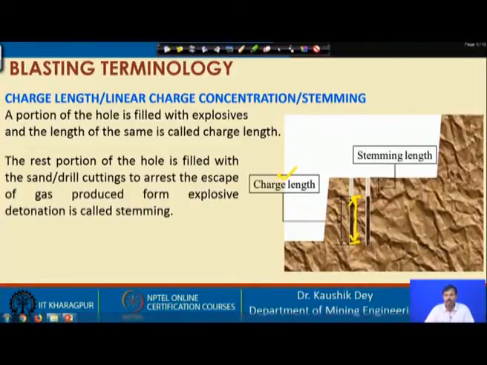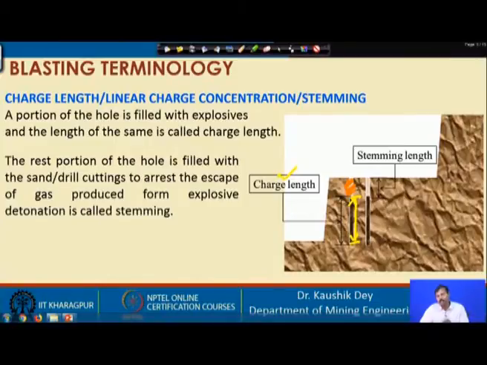What happens to the remaining portion of the hole? In the remaining portion, we insert some sandy material or some plugging system at this position, so that on detonation, when the gaseous products are formed, they do not escape from this opening.